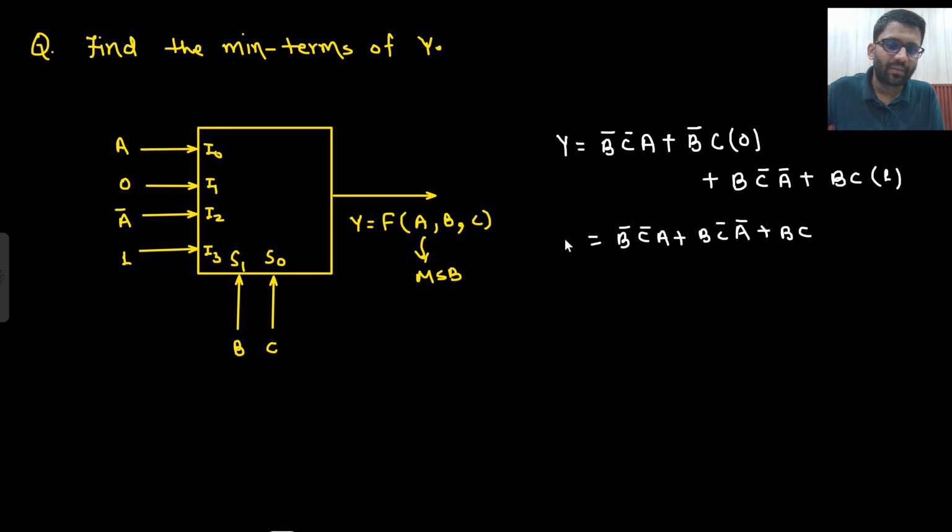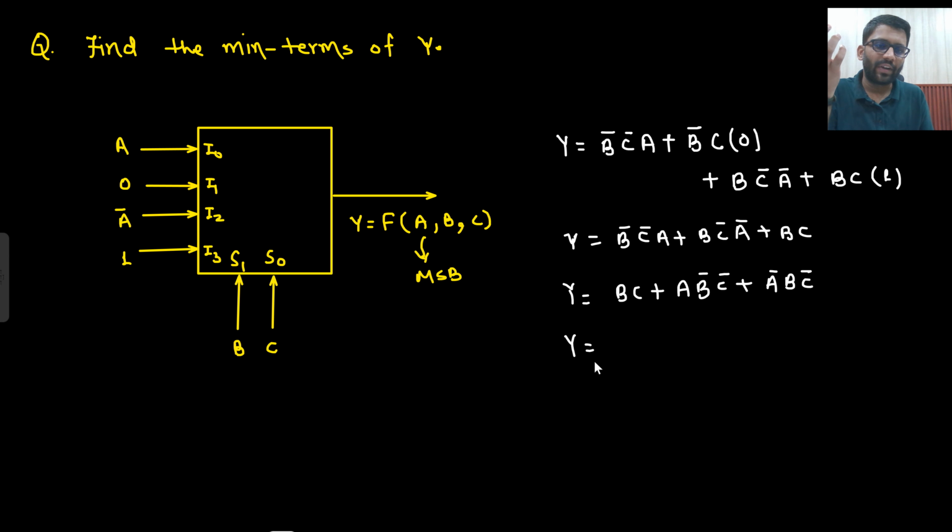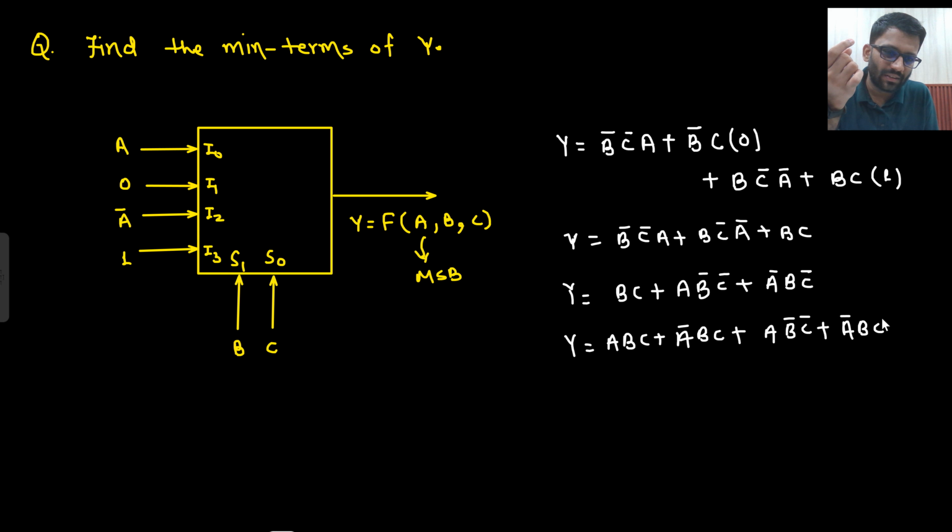Okay, this is the expression. Now let's write it in a better manner. That is bc plus a b bar c bar plus a bar b c bar. So y would be equal to, we need to find the minterms. So I need to introduce a here as well. How will I introduce? abc plus a bar bc. I hope you remember it. a b bar c bar plus a bar b c bar.